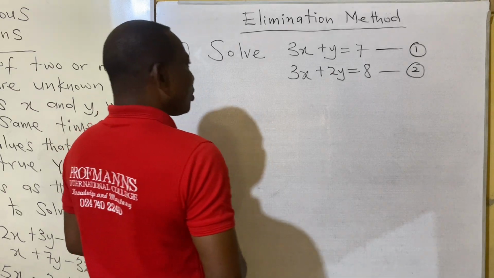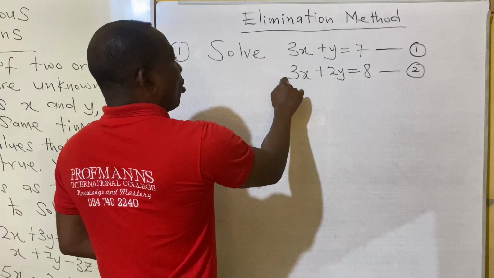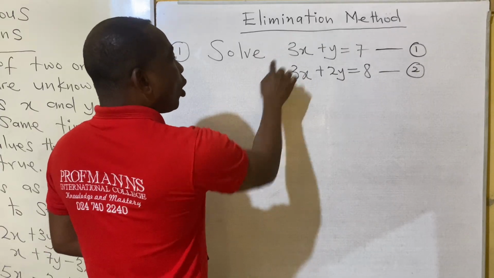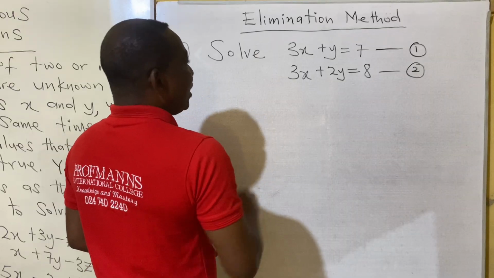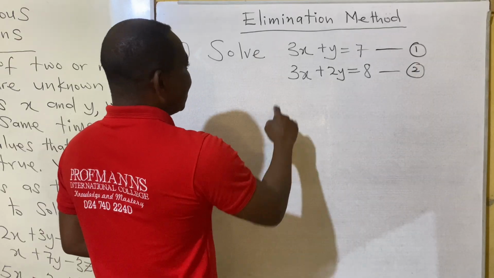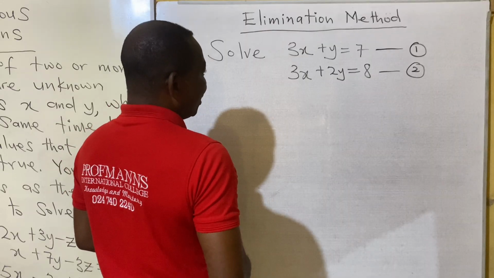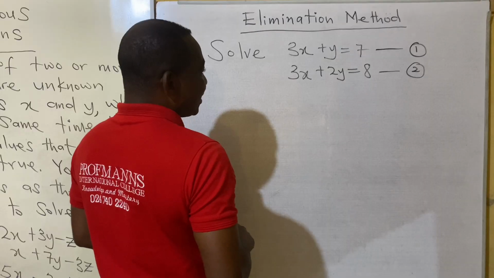The second principle is that if the signs of the coefficients are the same, positive, positive, or negative, negative, you subtract to eliminate. If they are different signs, positive, negative, you add to eliminate. So in this case, positive, positive, they are the same.